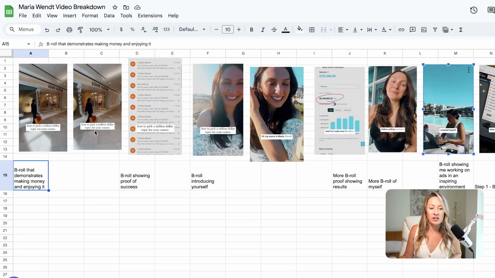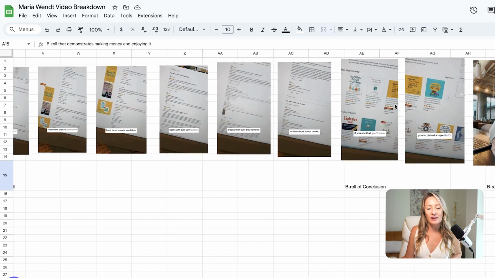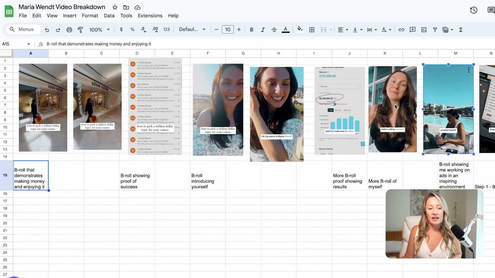So what I did is I came in here for the first one that I just showed you, and I screenshotted all of the frames in this video, and I then gave myself some notes down here of what the point of that frame was. It's important to look at both text and visuals.